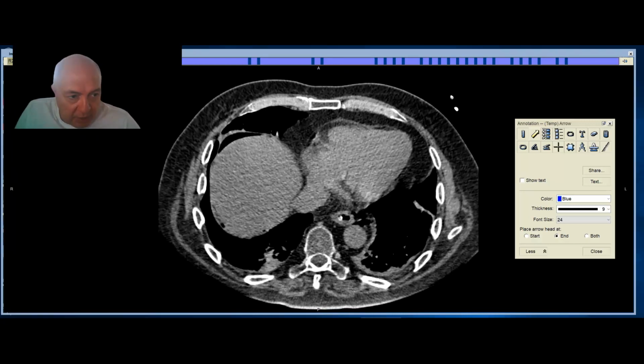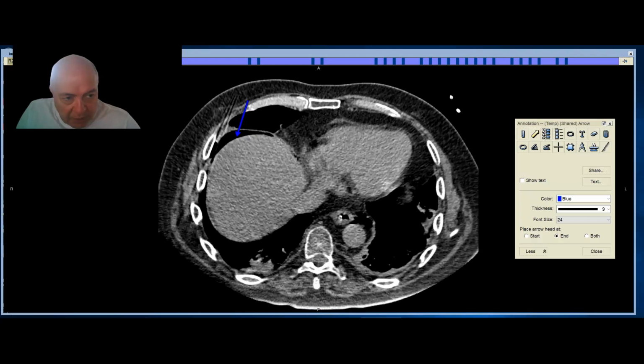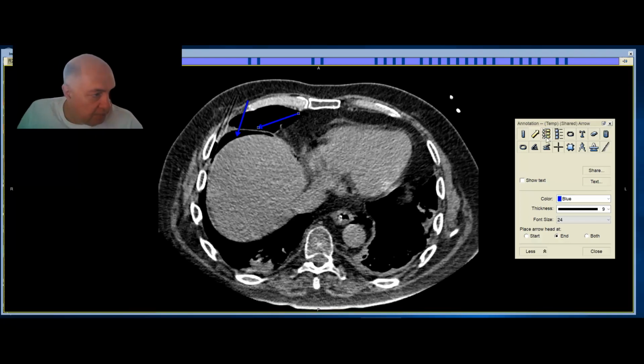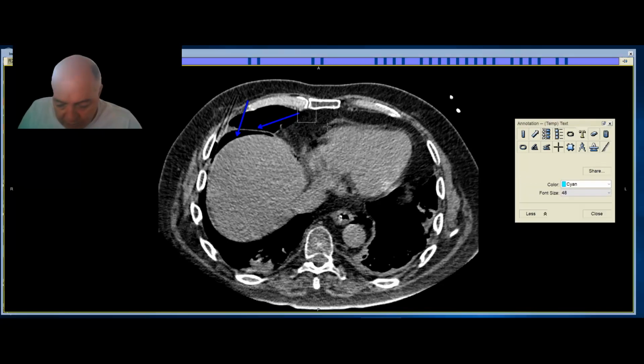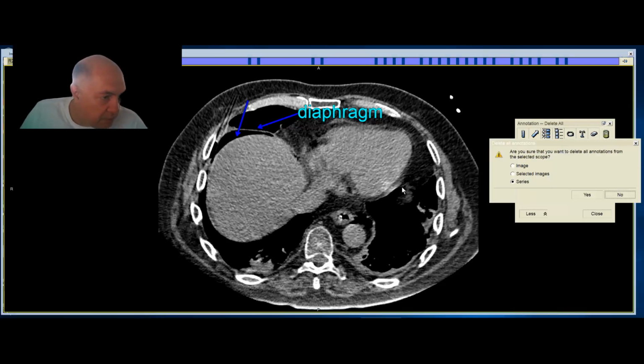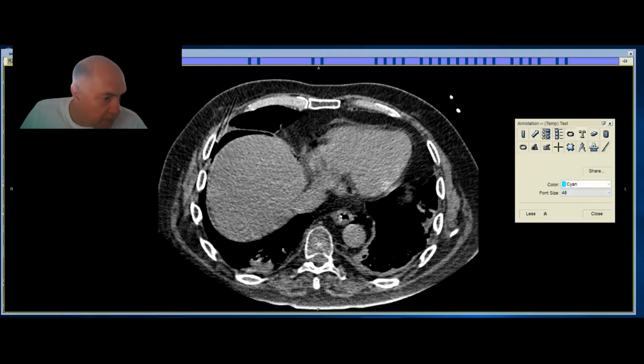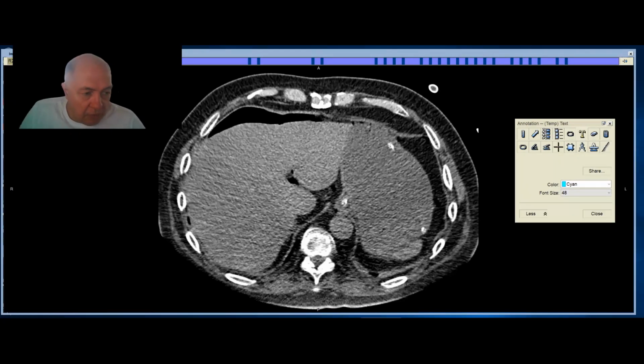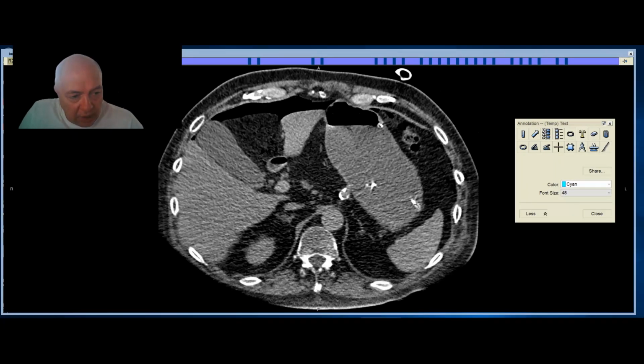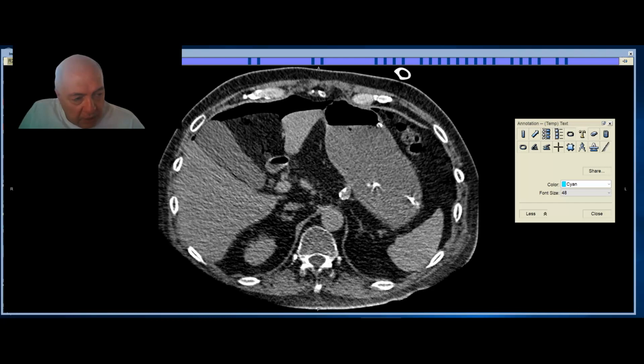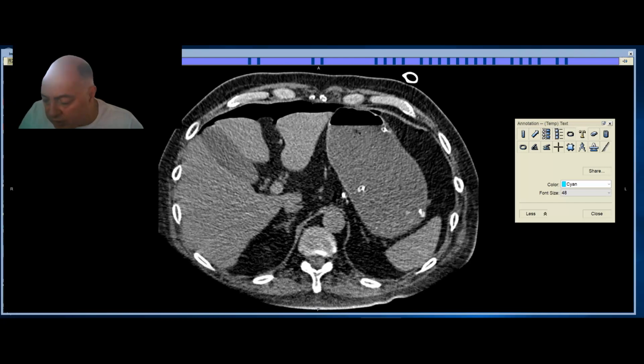Again, on the CT, we can see free air just below the diaphragm. There's the diaphragm there. If we go down through the abdomen, we can see the stomach full of fluid, and then a nasogastric tube inside.